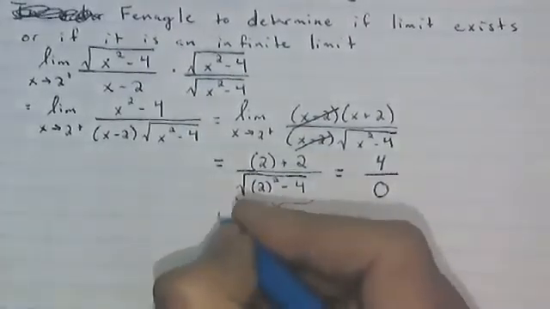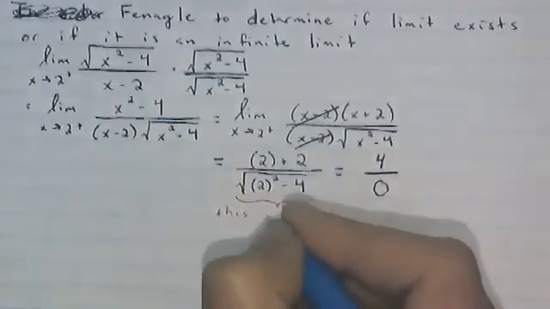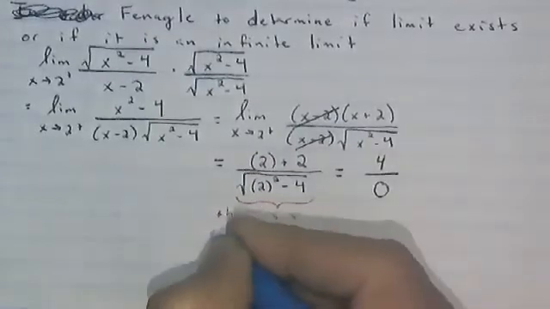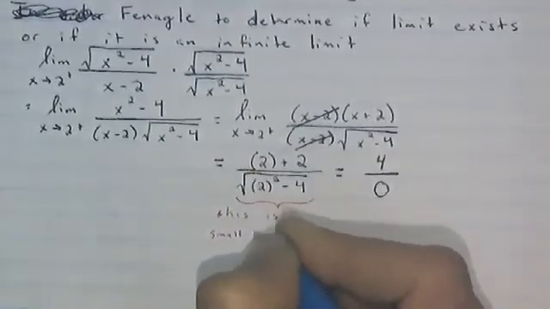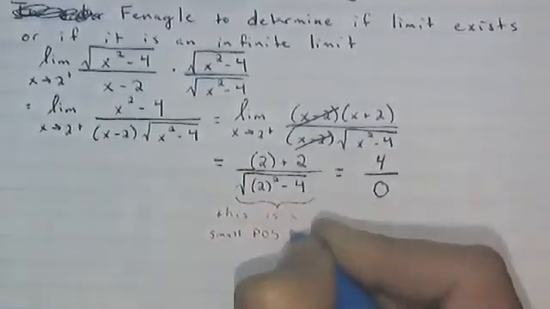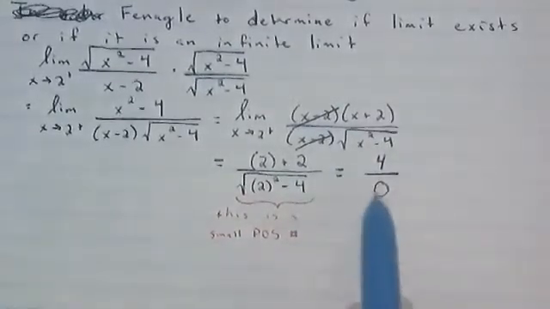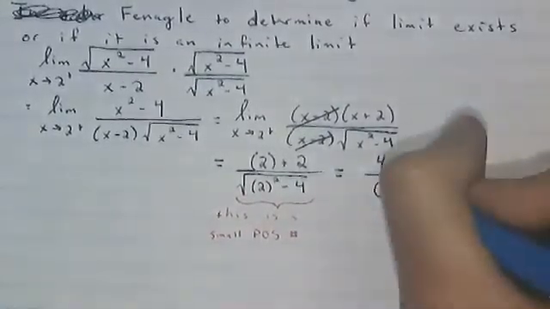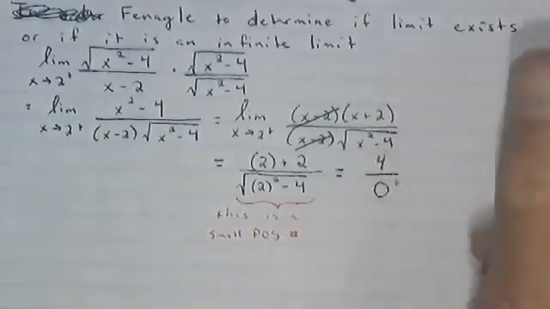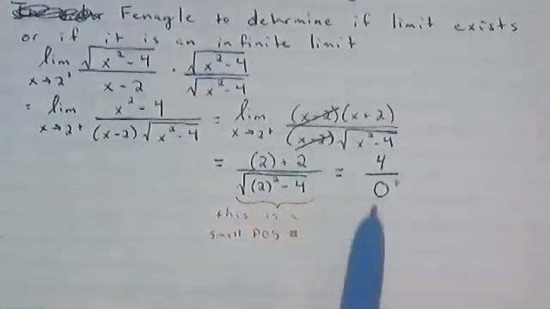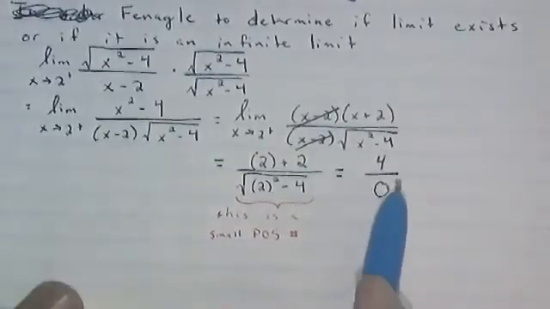So this here is a small positive number, meaning that this 0 is not actually a 0. It's the most minute, tiny little positive number.